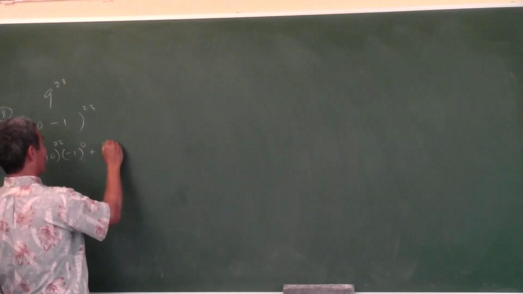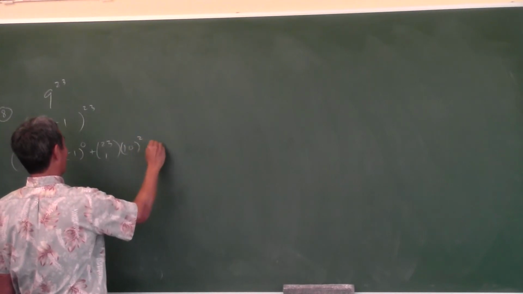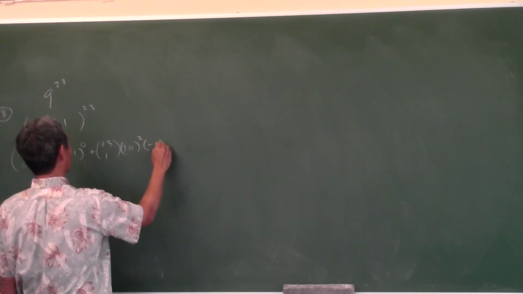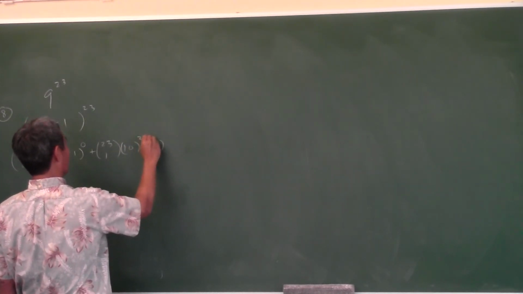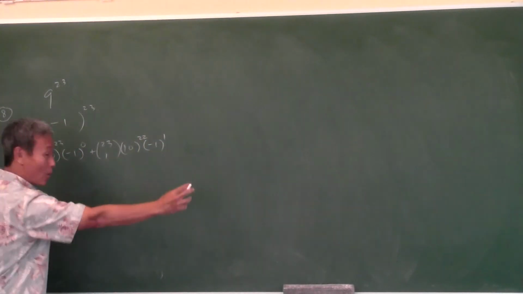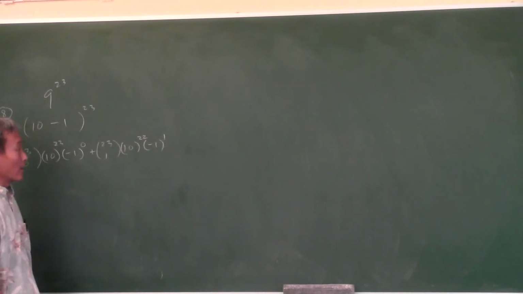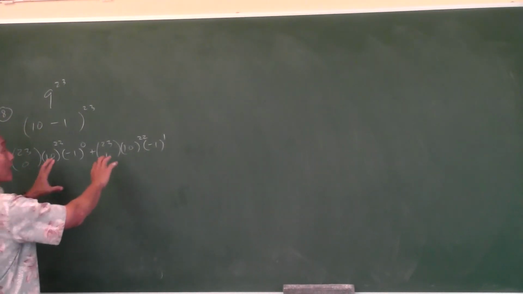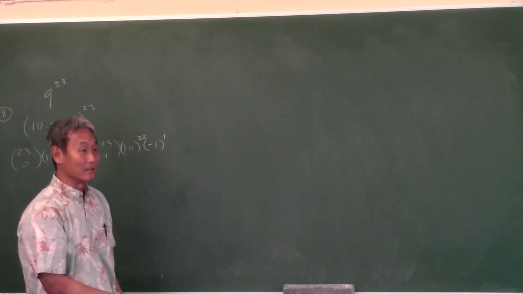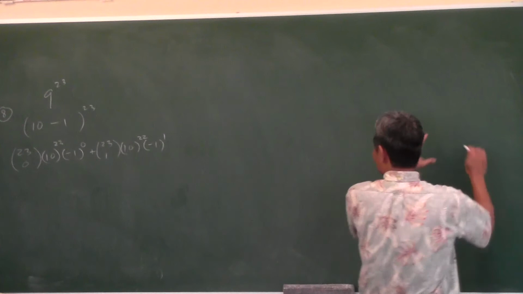No. What's the second term going to be? 23 choose 1, 10 to the 22, negative 1 to the 22nd. This number ends in 22 zeros. Is that going to help me find the last 3 digits? No, so what do I want to look at? You look at the ending part of it, because that's going to contribute to the last 3 digits. Because those numbers are smaller.